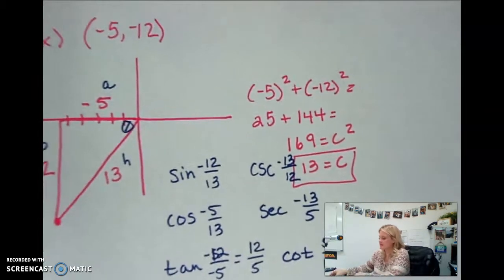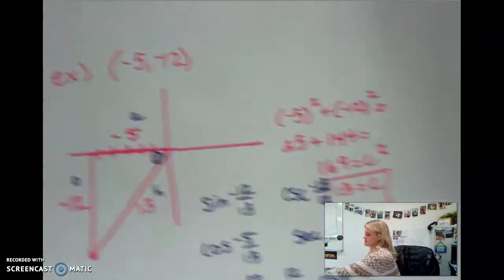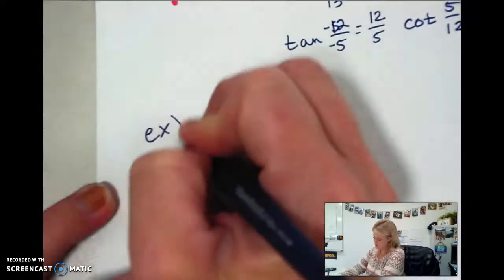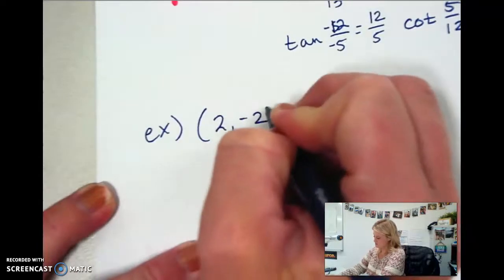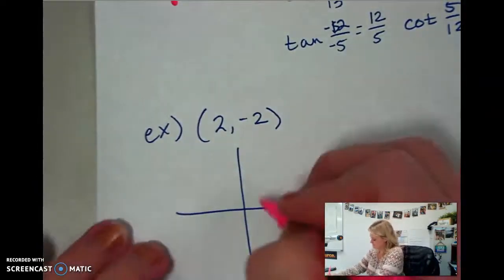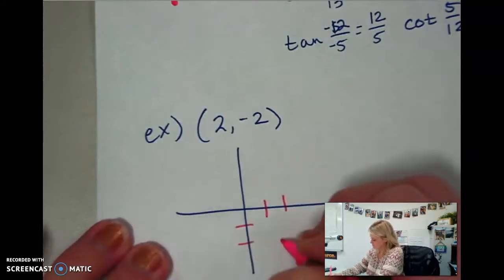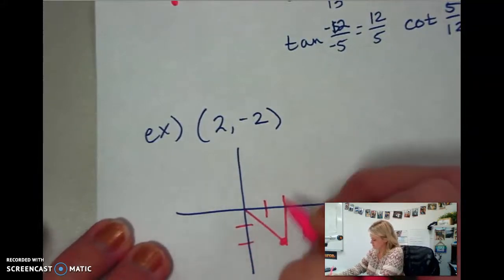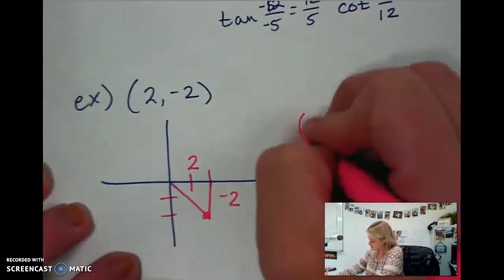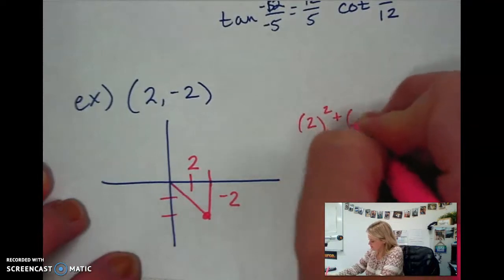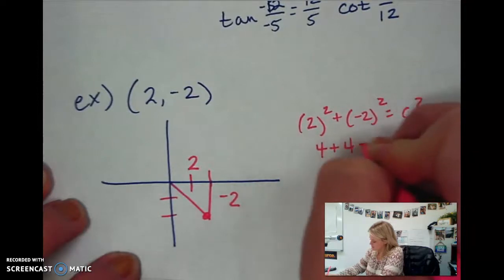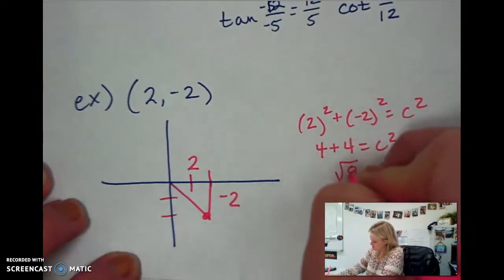Okay, let me add one more twist to all of this. You set up the triangle for 2, negative 2. A squared plus b squared equals c squared. 4 plus 4 is 8, and we have the square root of 8.